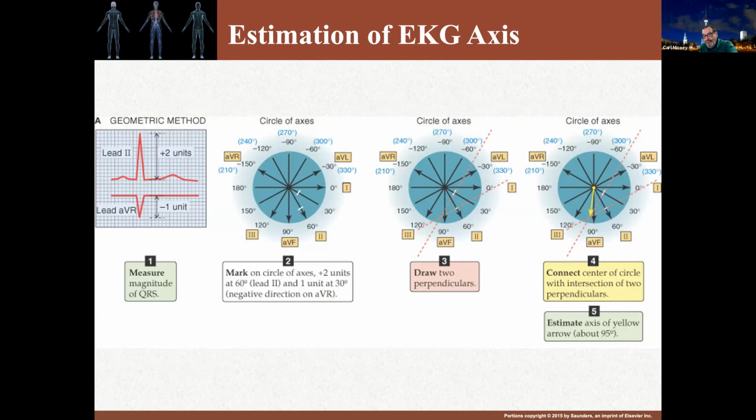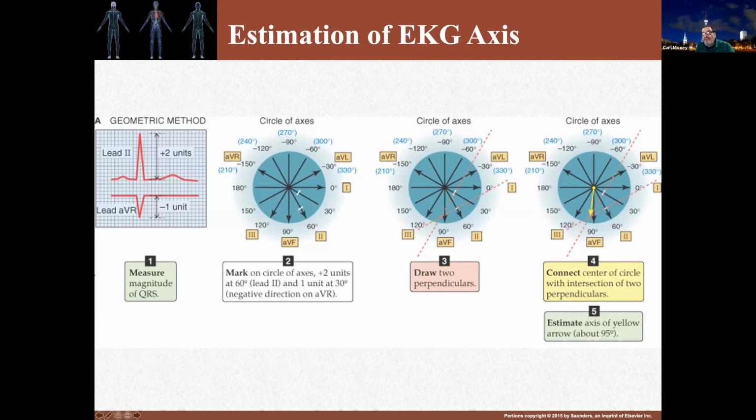So how do we use all this now to figure out the axis? This is the simple way, and is extremely useful when you only have 3 leads to deal with, if you're just using the 3 limb leads. Actually, in this case, you're going to use an augmented lead, but using the limb leads, it's the same thing.